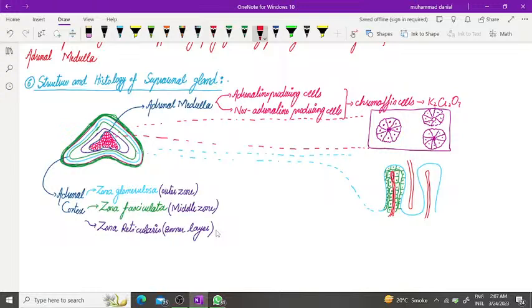We are going to give the blood to these different layers. The same type or shape of cell is present here and here. These are the capillaries, and these capillaries are called sinusoidal capillary.